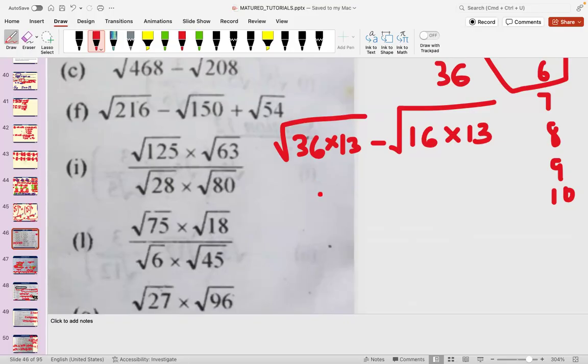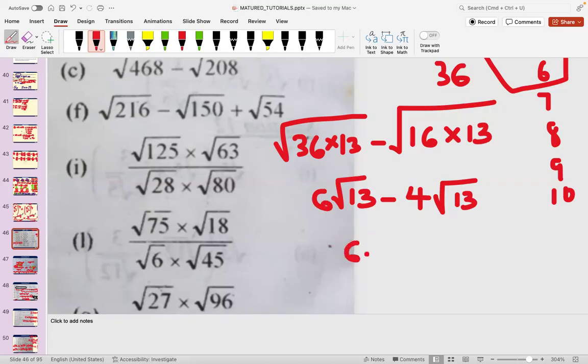Square root of 36, you have 6 root 13 minus square root of 16 is 4. So you have 4 root 13. And so you have root 13, you combine the numbers in front.